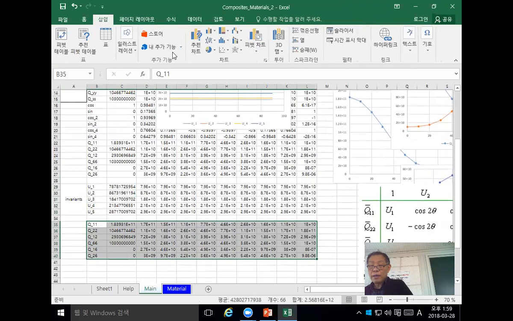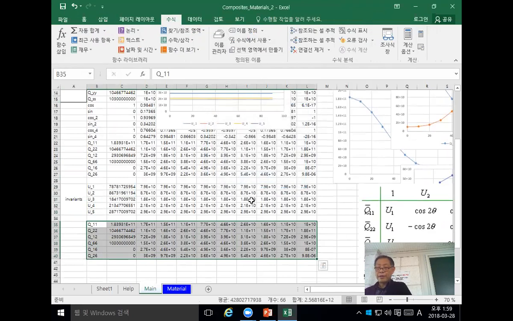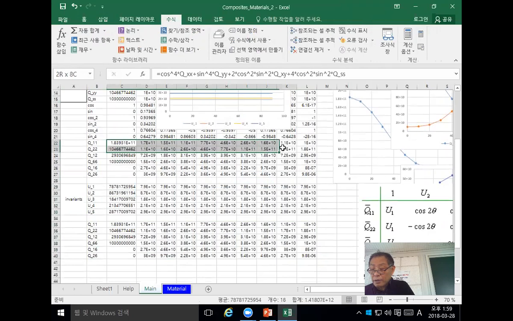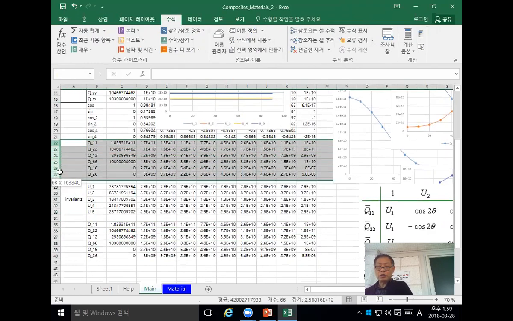We changed the name. Oops, we didn't define the name yet. Okay, so now this one has the older name, Q11, Q22, and so on, and we don't need this one.